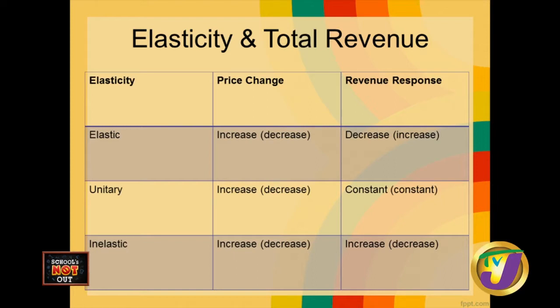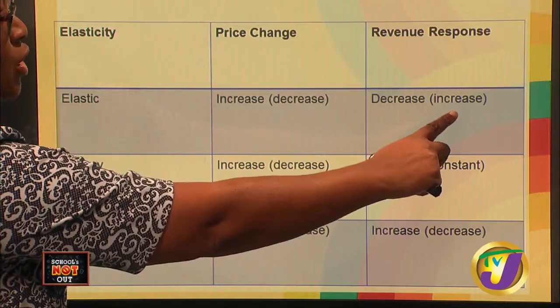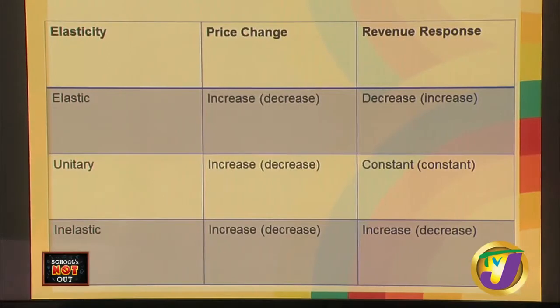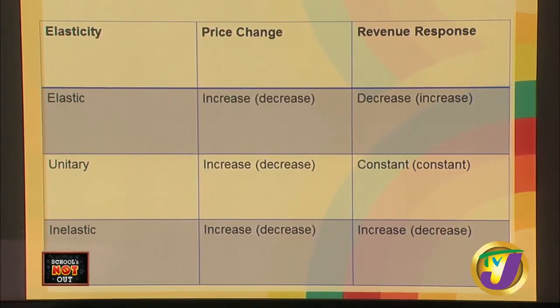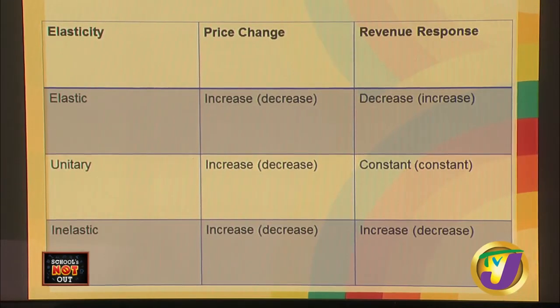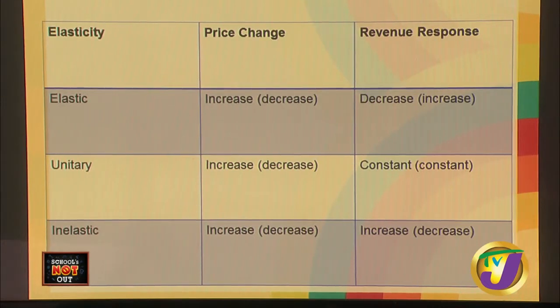So if your aim is to increase your revenue, then you have to decrease the price of your good, because consumers will say they want that good, they need that good. The substitutes around are relatively more expensive, and so if you want to increase your revenue, knowing the nature of your good, then it is wise for you to decrease your price in order to increase revenue.